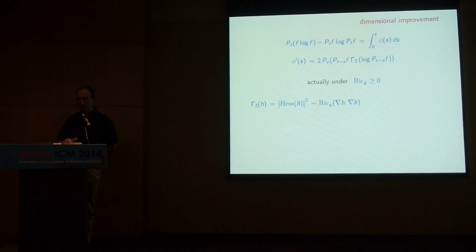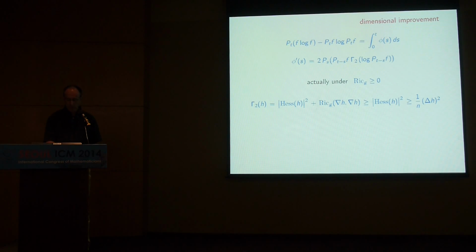And in a sense, this is connected with the dimension-free aspect of the logarithmic Sobolev inequality, which doesn't depend on the dimension. However, you might want to still keep some information on the dimension. So we still keep the Hessian and use a simple trace inequality to bound from below the gamma 2 by something depending on the dimension, so times delta, the Laplace-Beltrami operator, of h squared.